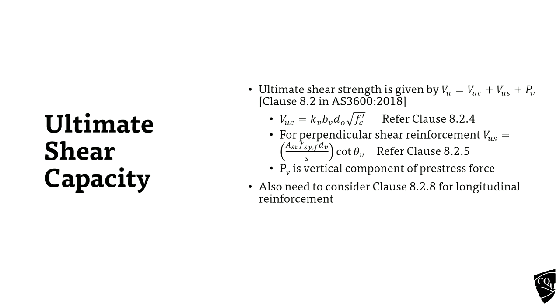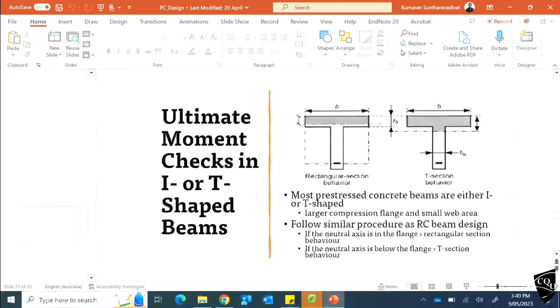Vuc is equal to kv times bv, you know how to calculate that one, and the theta v also. The only difference in pre-stress is that we have an additional term Pv, and also when you calculate the kv and theta, we cannot use the approximate method. What does that mean?